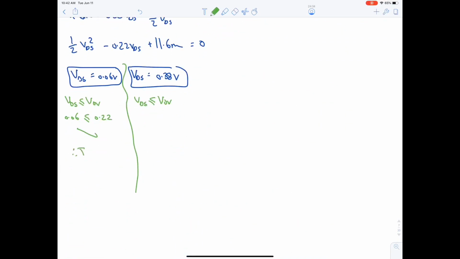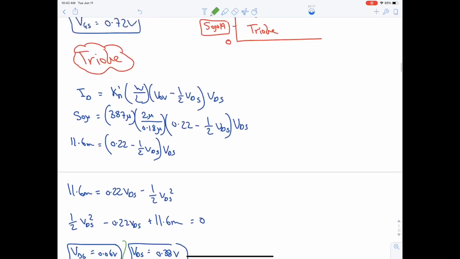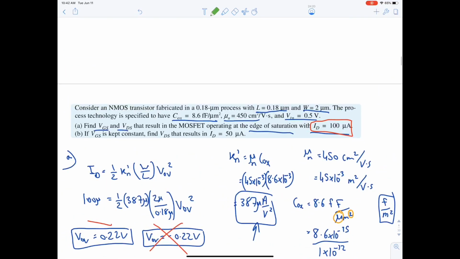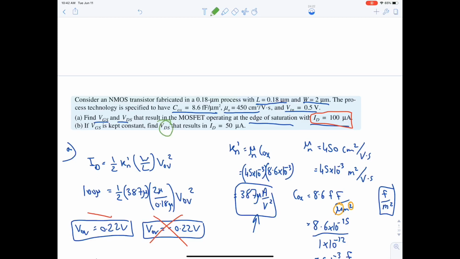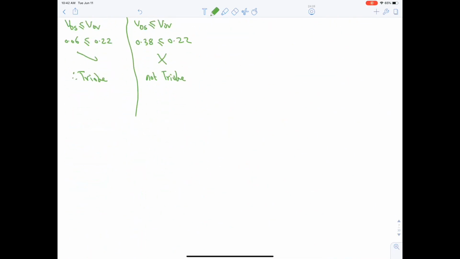Therefore, triode. Now, is 0.38 less than or equal to 0.22? No, it's not a triode. Okay, so 0.06 is our number. And the question asked us to find VDS. So VDS is 0.06. Okay, we're done for this question.